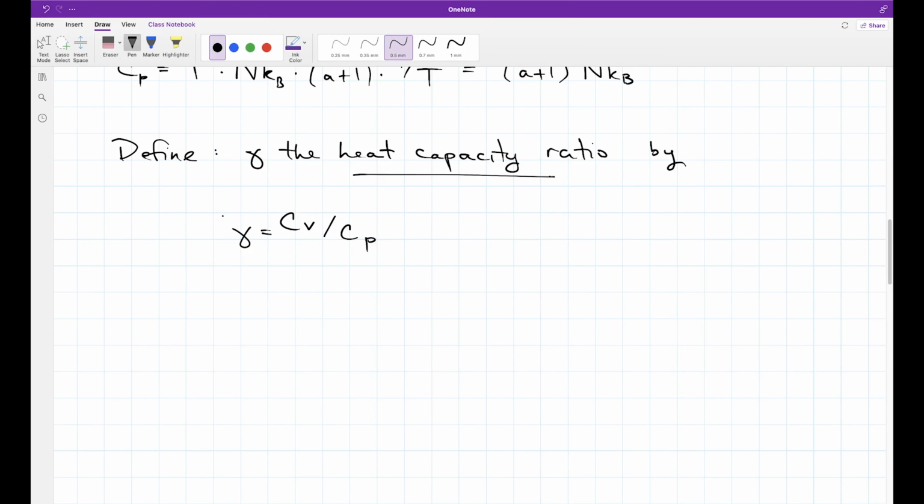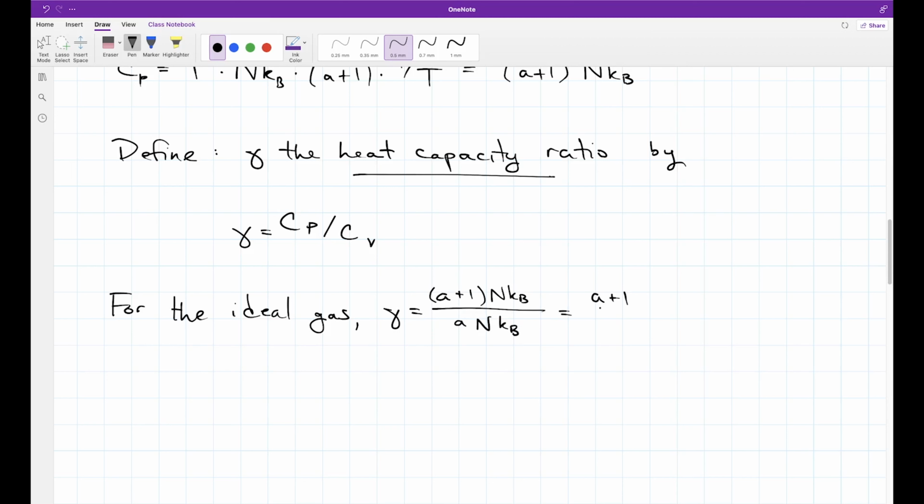And sorry, actually, it's the inverse of that. So it's Cp over Cv. So for the ideal gas, gamma is equal to A plus 1 times N kB over A times N kB, or A plus 1 over A.